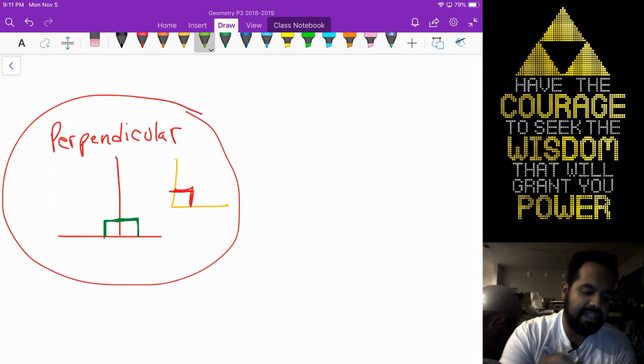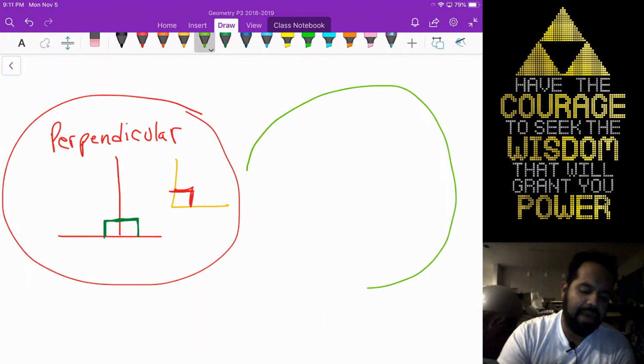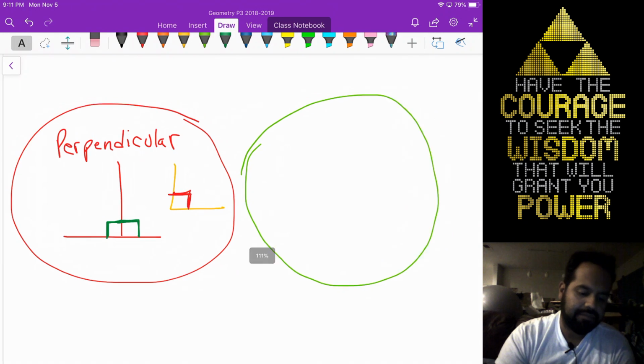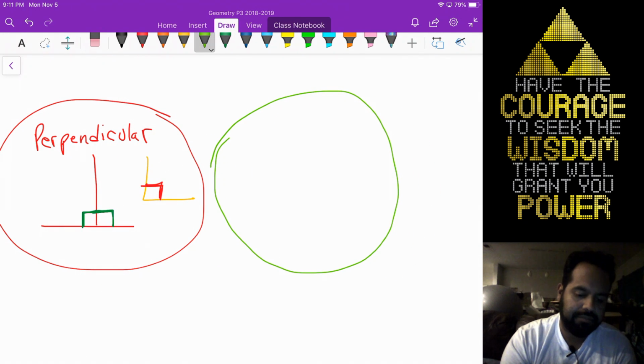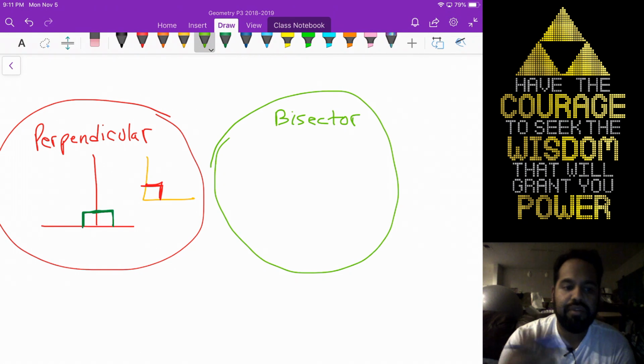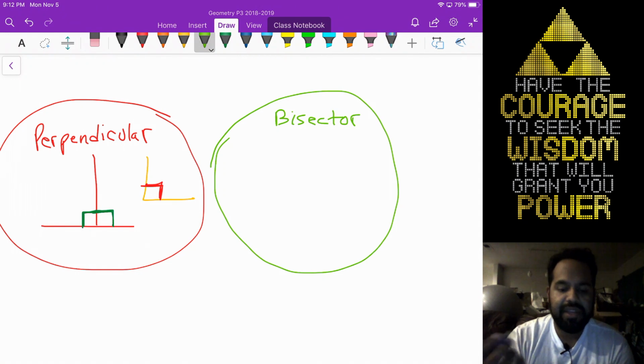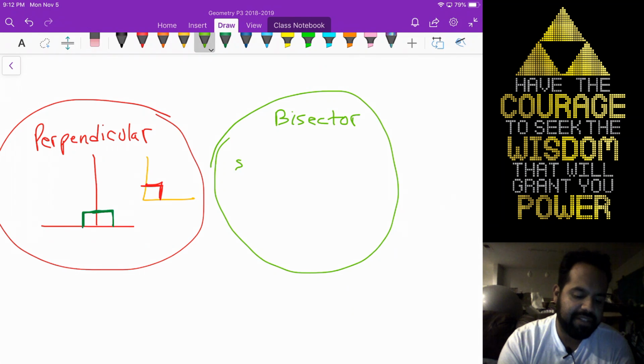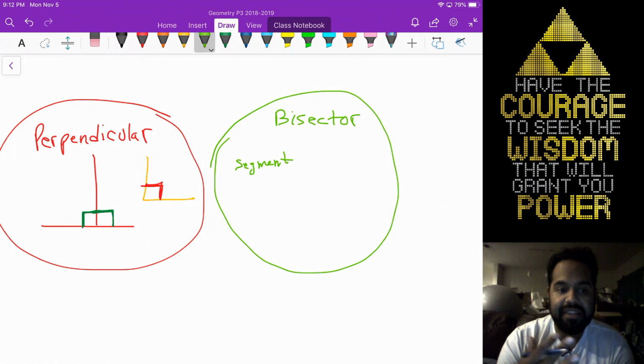And in the house of bisectors, you have two types of bisectors. You have what are called segment bisectors, in which you have lines that cut other lines in half.